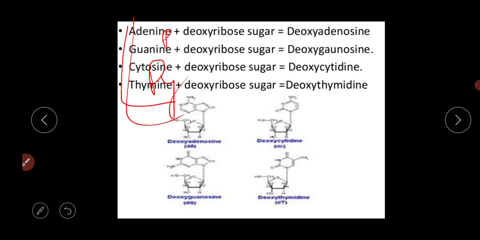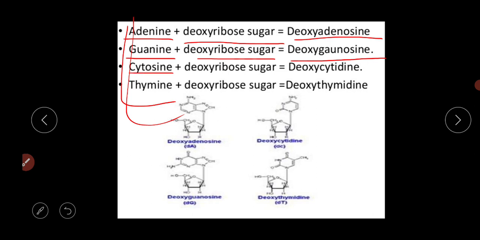Here the base adenine plus the deoxyribose sugar forms the nucleoside deoxyadenosine. Next, guanine plus deoxyribose sugar forms deoxyguanosine. Third, cytosine plus deoxyribose sugar forms deoxycytidine.